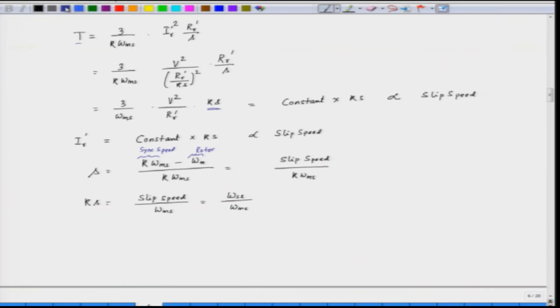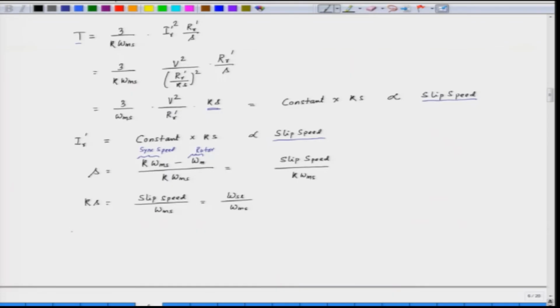These are important derivations: the torque and the current are proportional to slip speed. So, for a given slip speed, torque and currents are constant irrespective of the frequency of operation. Even if the frequency changes, if we maintain a particular value of slip speed, both the torque and the current will remain the same.